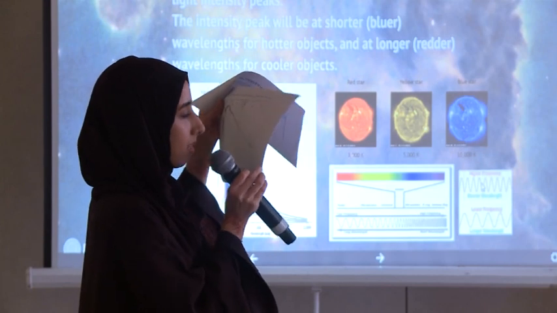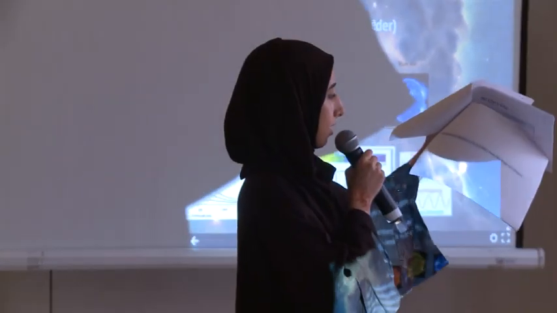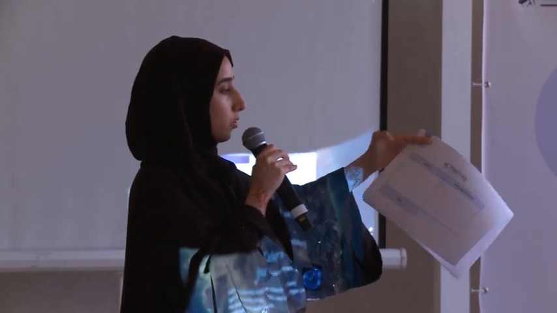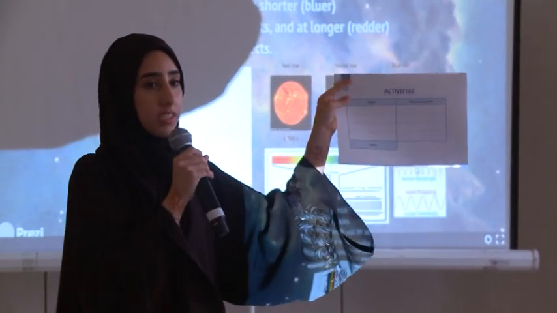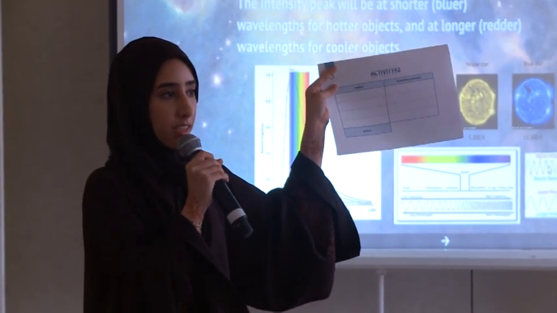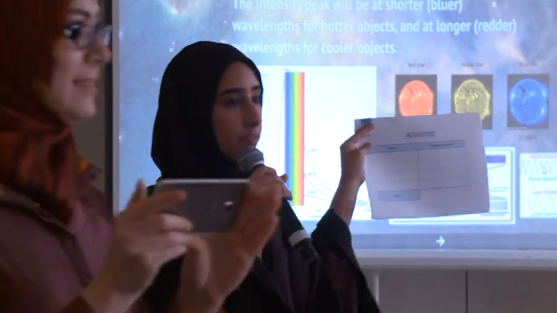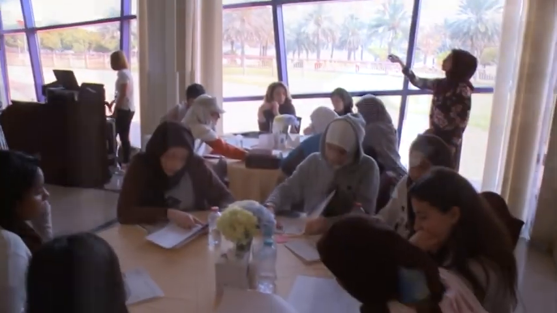From the peak, you get the wavelength. You will notice there is an equation here. Using the peak wavelength, you can get the temperature. And from here, I want you to classify or list the stars from the hottest to the lowest. I'm going to go around to see if you need any help. I'll give you 5 minutes.